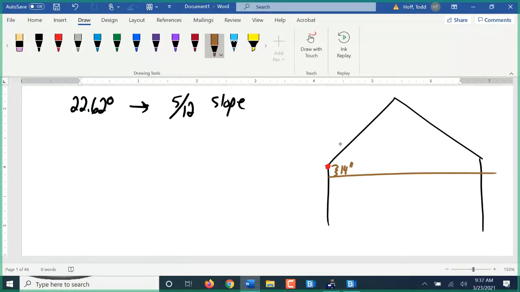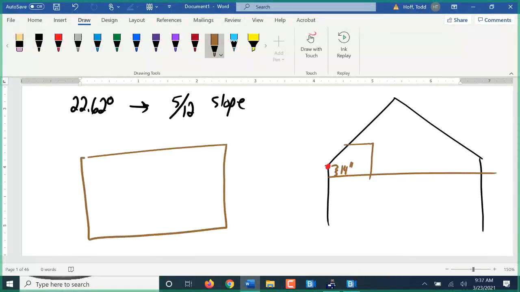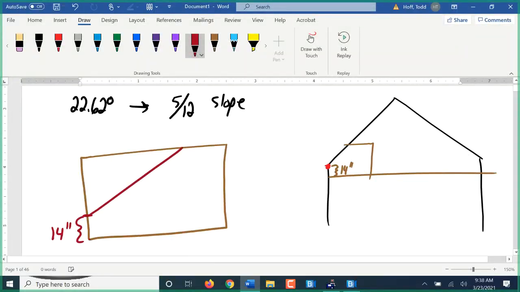To put a piece of sheeting up here, I'm going to need to start right here, 14 inches above that corner, and cut it like that. I need to know, in order to draw my line, where this point here is located.